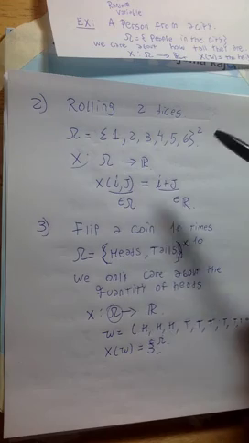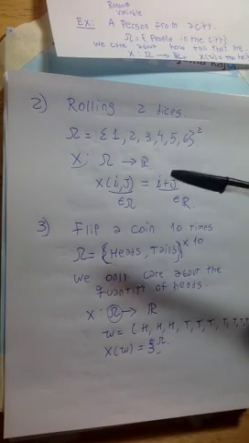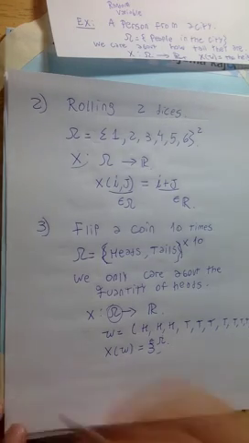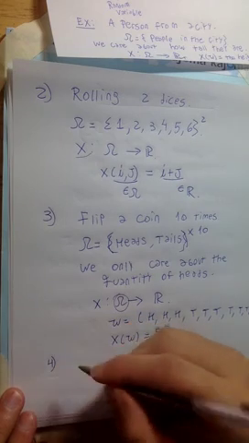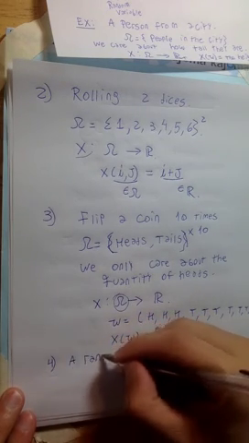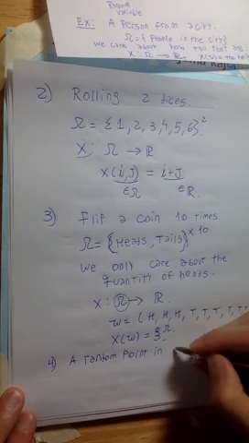Okay, so all of these examples of random variables would be discrete, but then we could also have random variables which are continuous. So for instance, we could have the example of a random point in the unit disk.